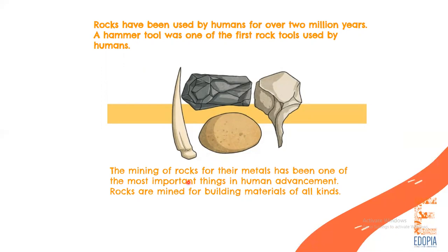They all come from inside the mines. We even have salt mines in Kohat, and we even have coal mines. So the mining of rocks for their metals has been one of the most important things in human advancement, since we get so many things from under the surface of the earth that Allah Ta'ala has put naturally around us. Rocks are mined for building materials of all kinds as well.